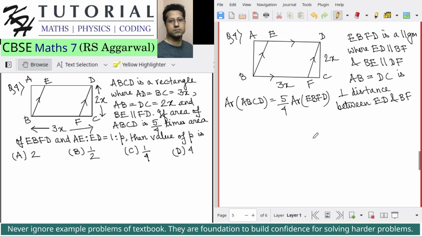This is given, and also it is given that AE is to ED is equal to 1 is to P. AE by ED is equal to 1 by P. Then we have to find the value of P.